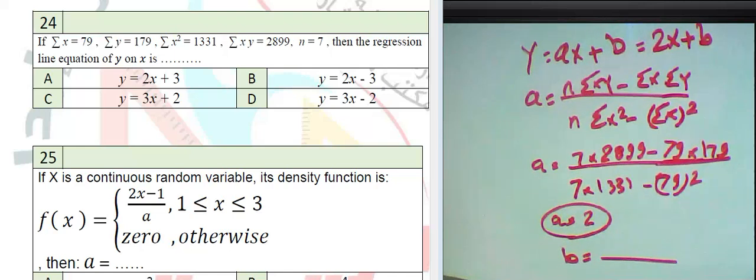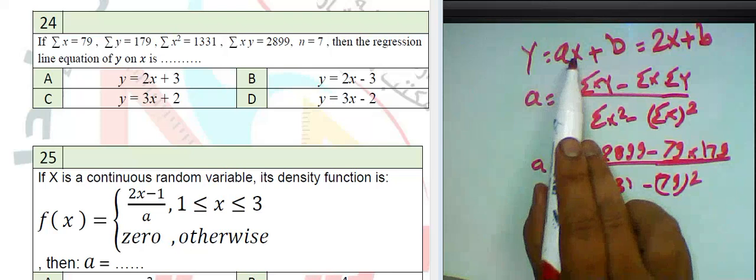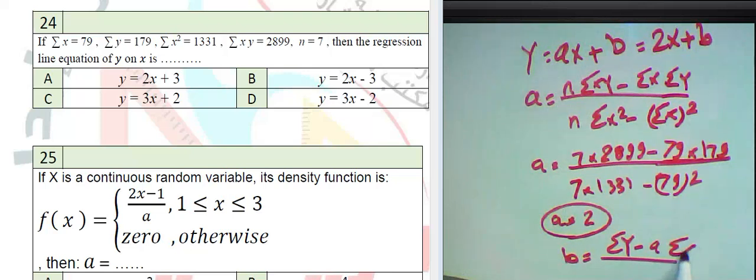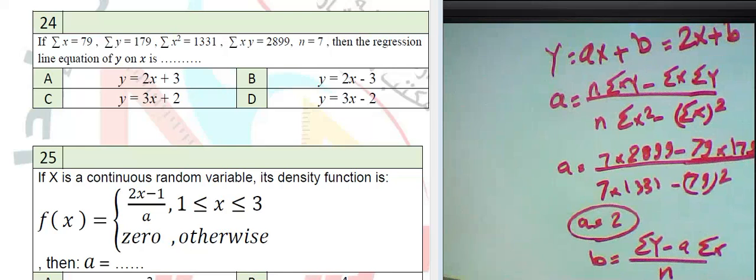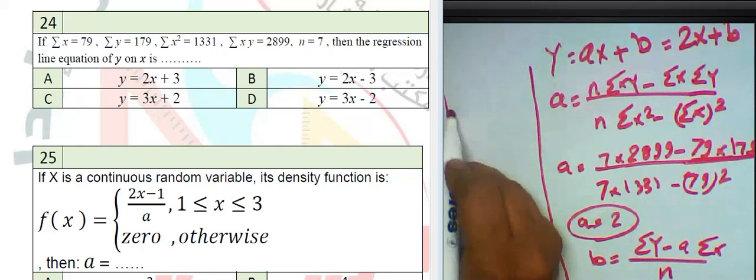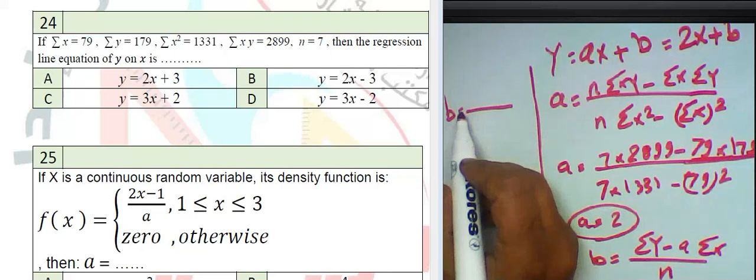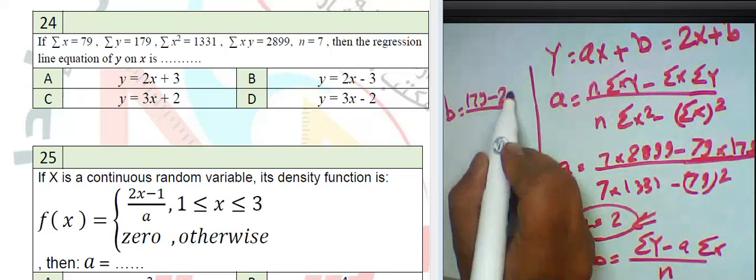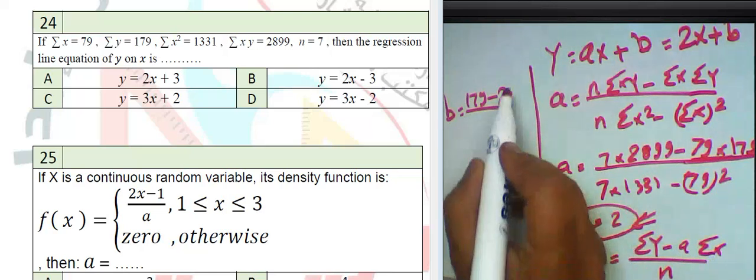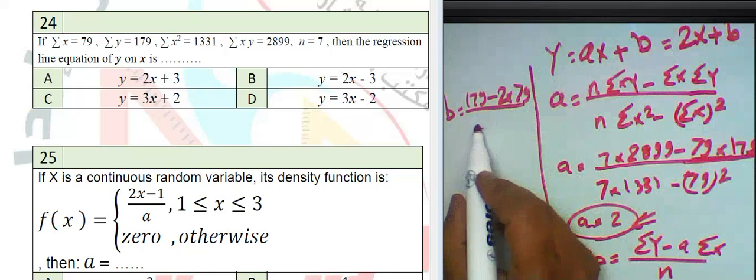Put in the values: b equals summation y, 179, minus a, which equals 2, multiplied by summation x, 79, over n, which is 7.